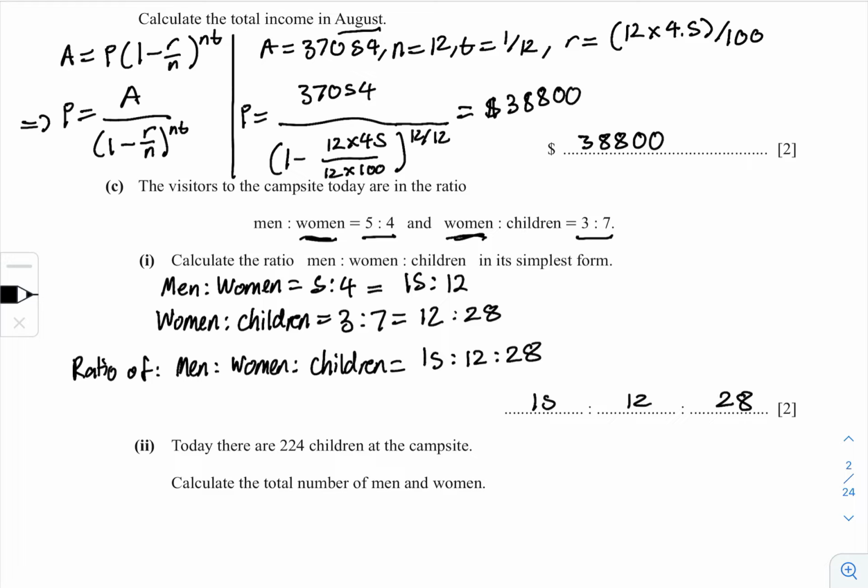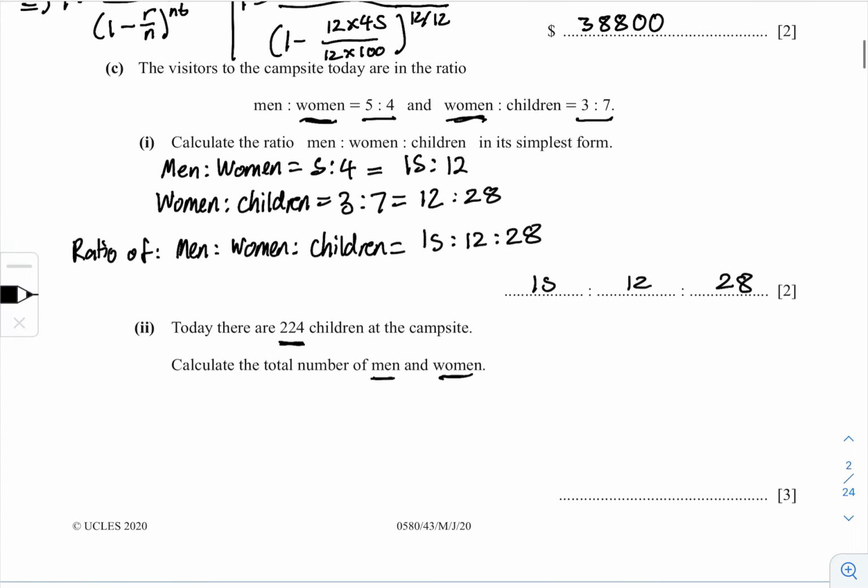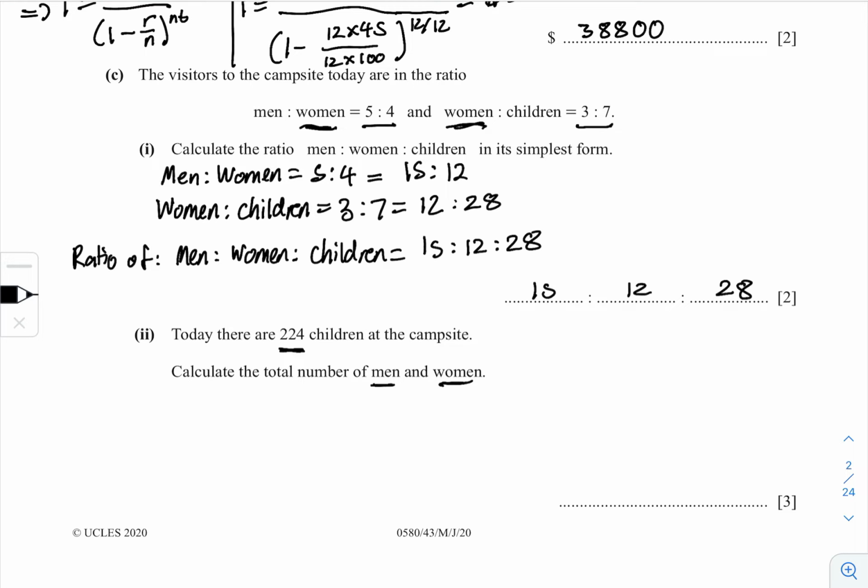Now, in C part 2, it mentions that today there are 224 children at the campsite. Calculate the total number of men and women. Therefore, to get this answer, you use the information that was given in C part 1.